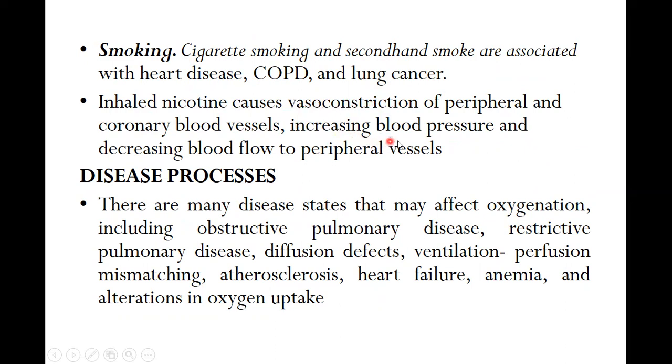That will result in an increase in blood pressure. Then they also cause a vasoconstriction in the coronary blood vessels. These are the blood vessels that actually supply the myocardium of the heart. This will cause reduced blood flow to the heart, and it might lead to angina, and it might eventually lead to myocardial infarction. Okay.